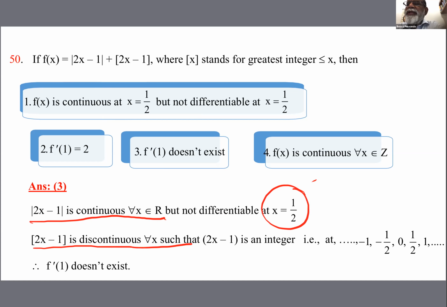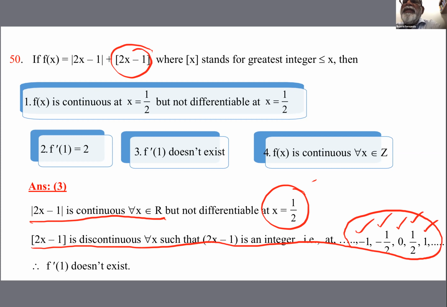Here at every integer it jumps. So at x equal to minus 1, minus half, 0, half, 1, etc. So f dash of 1 is not differentiable at x equal to 1, because at x equal to 1, you can see that it is an integer. So this is a nice problem.